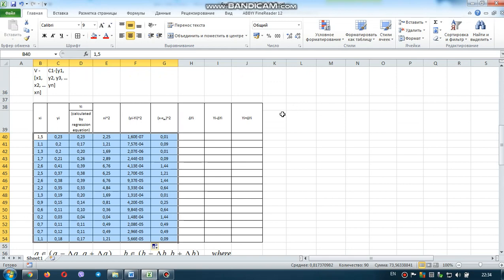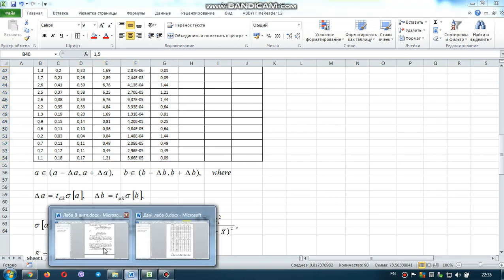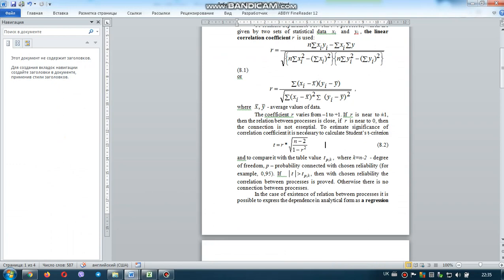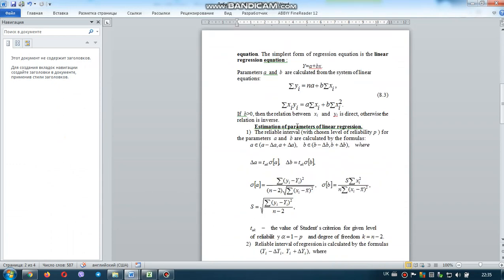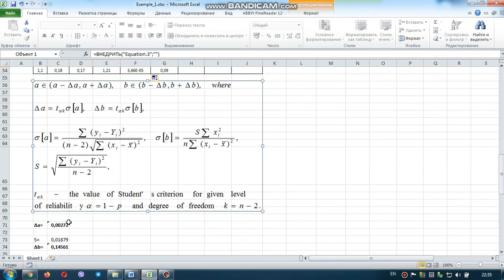So, what have we to do now? Now we have to estimate the parameters of linear regression, the delta A and delta B. How to calculate these values?